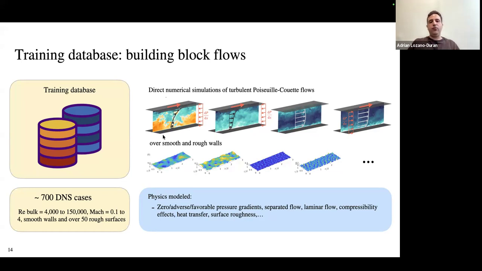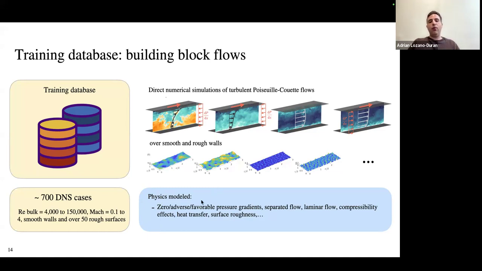So we do a parametric sweep, and we have been generating this database for a while. So in total, we have 700 DNS cases. And I have a summary here based on the bulk Reynolds number, the Mach numbers, and a smooth wall, and we have 50 different roughness surfaces.